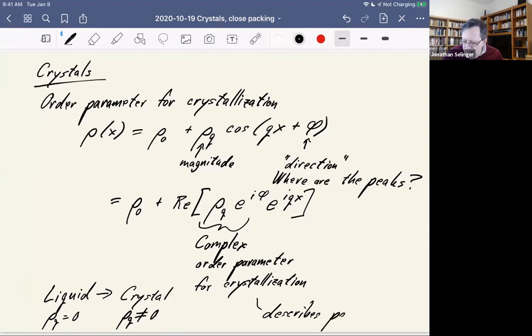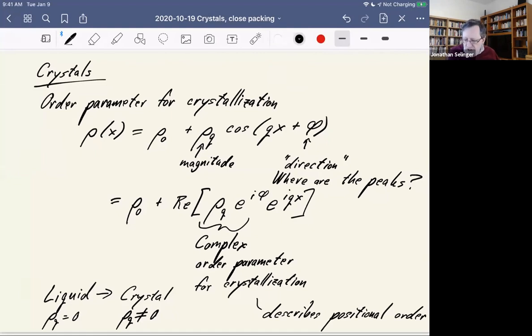Now, as I pointed out to you last week, a crystal also has orientational order. If it has positional order, then it automatically has some orientational order, the way that the crystal axes are pointing.